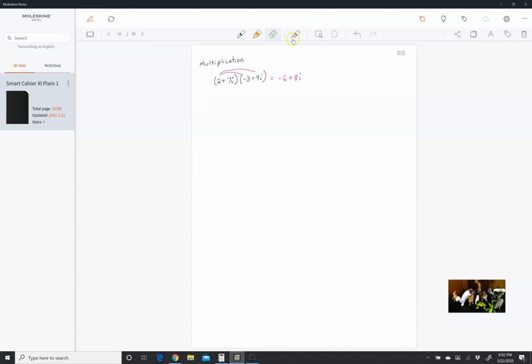And then the 7i gets distributed to everything. So you get negative 21i. That's the 7i times negative 3. And then remember, this is an i times an i. So you get a 28i squared.